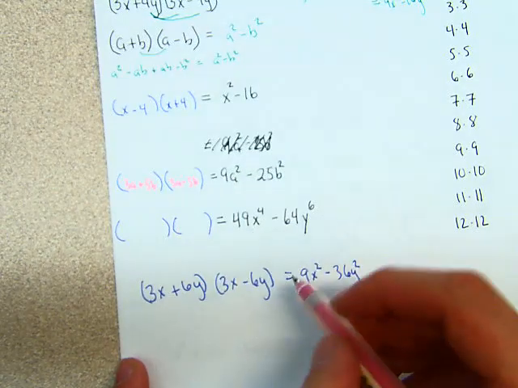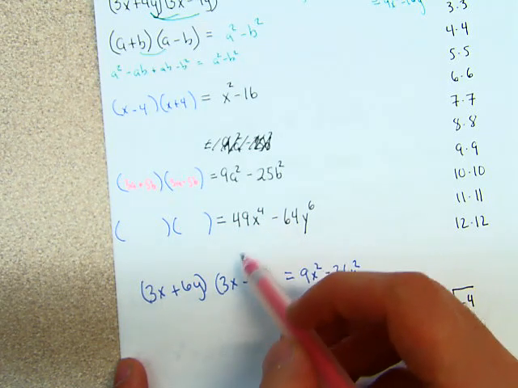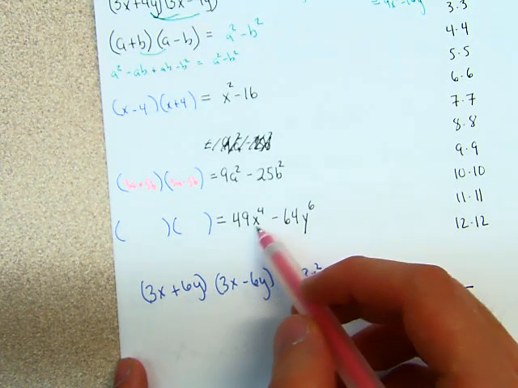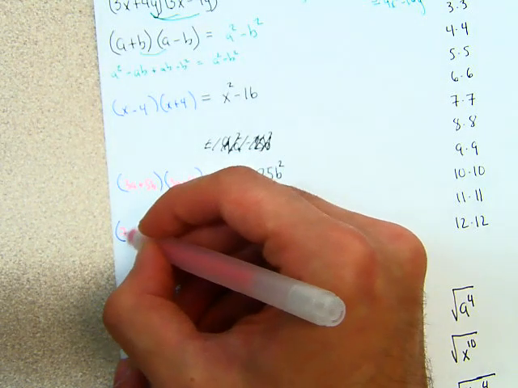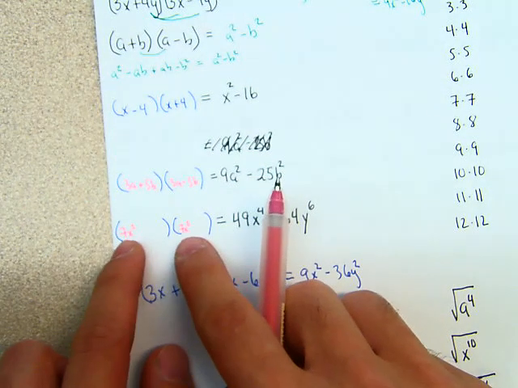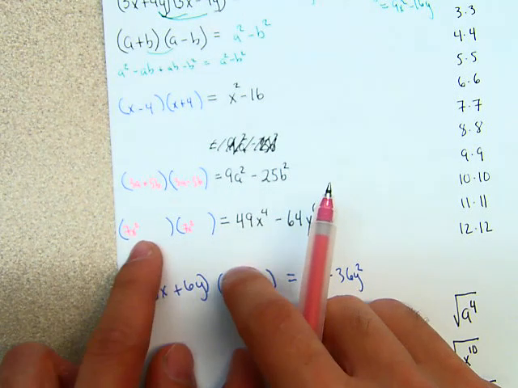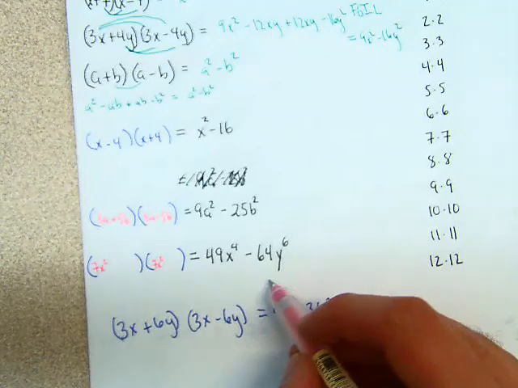And what about this one? Let's say you have 49x to the fourth. What will give me 49x to the fourth if I square it? It'll be a 7x squared and a 7x squared, right? Because 7 times 7 is 49. X squared times x squared is x to the fourth. And what about here?